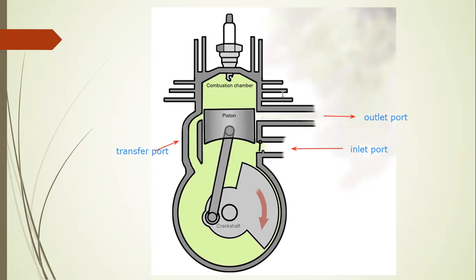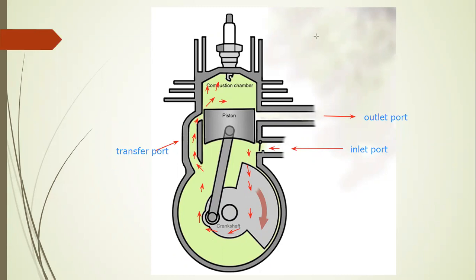First the inlet is open at this piston position. Then the fuel charge enters into the crankcase. Here the fuel enters this way into the crankcase. Then the fuel is passed this way to the transfer port, and from the transfer port to the combustion chamber. The fuel spreads in all directions into the cylinder.